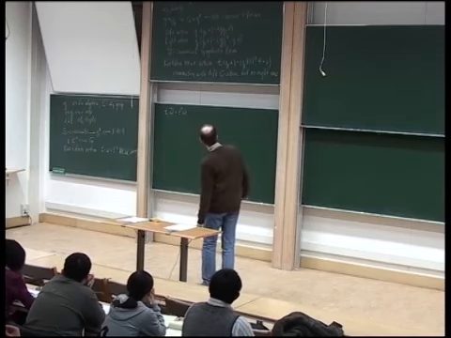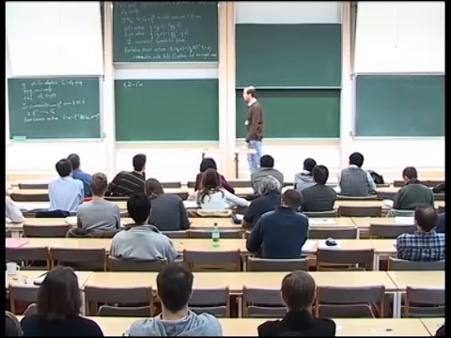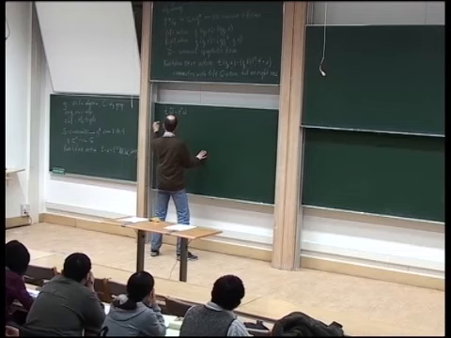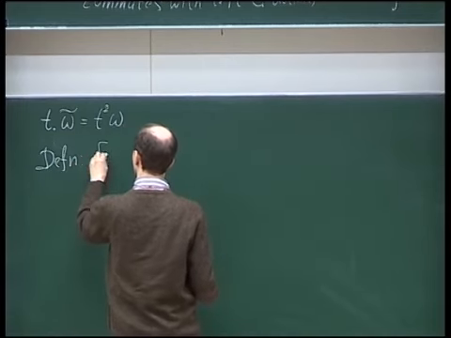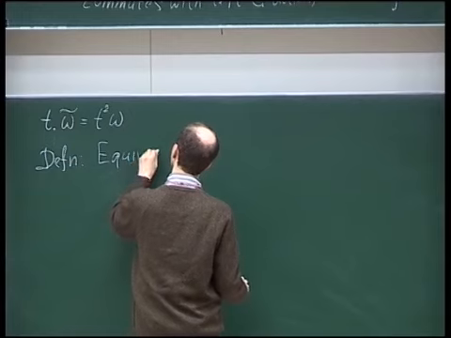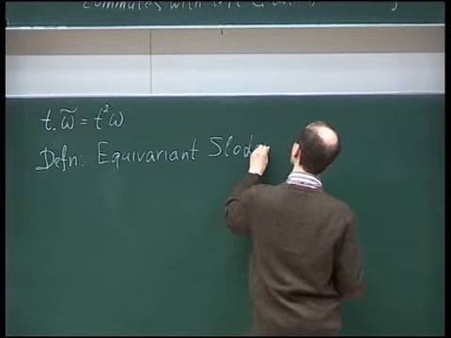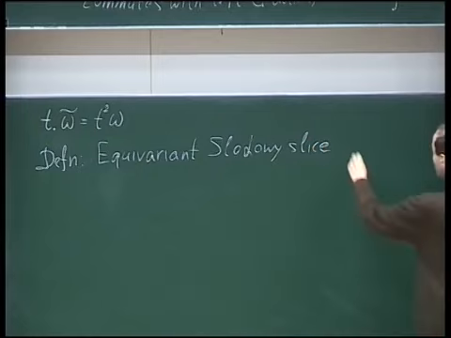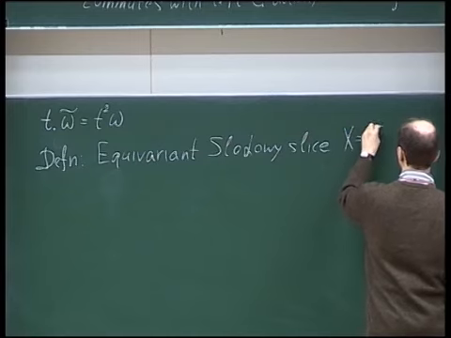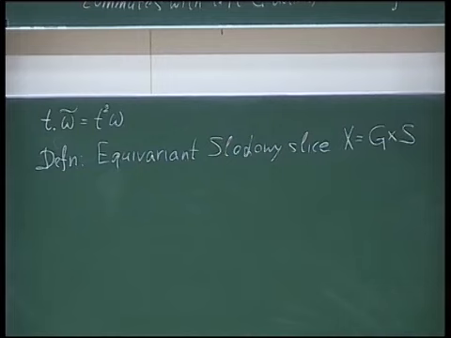And now, I wanted some symplectic variety, and this symplectic variety is constructed as follows. By definition, the equivariant Losev slice, which I denote by X, is just the product of G and S considered as a subvariety in the cotangent bundle.